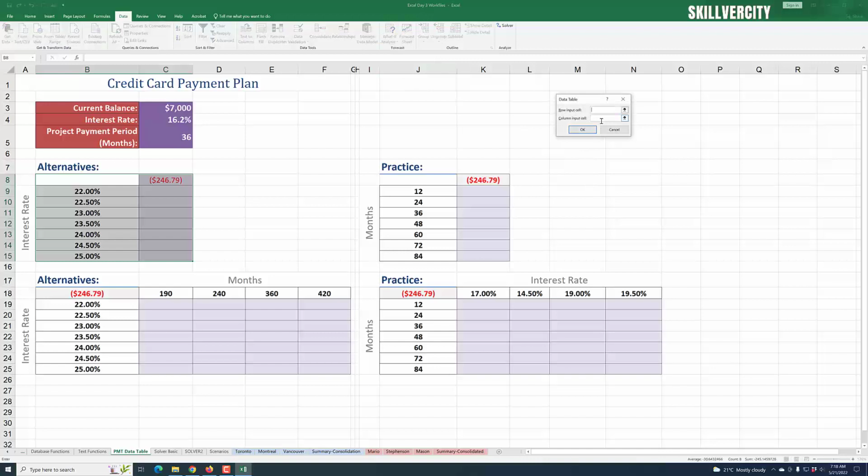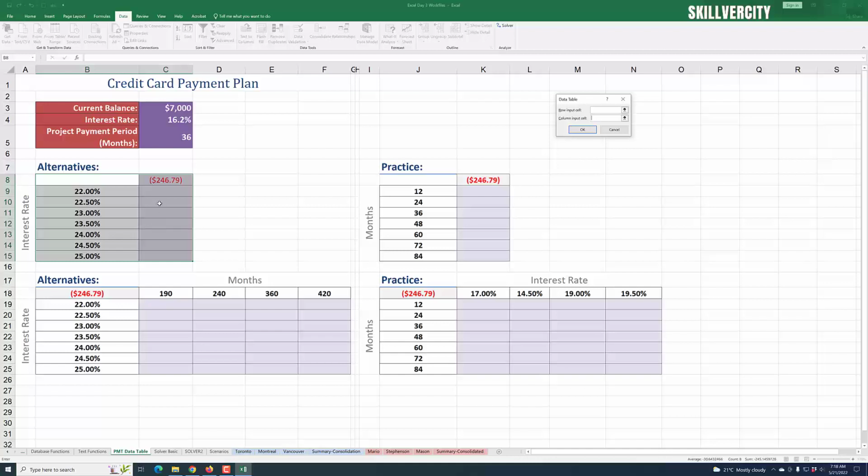So there are two cells here. The first cell is the column input cell and the second is the row input cell. The column input cell is useful in this sense because we're only looking at a simple one item analysis.